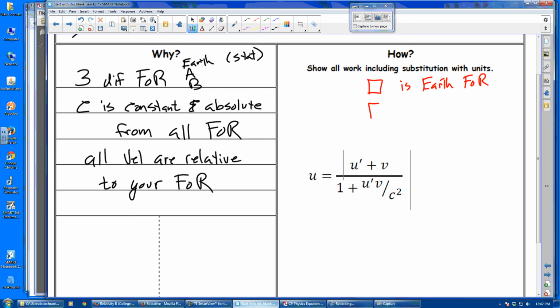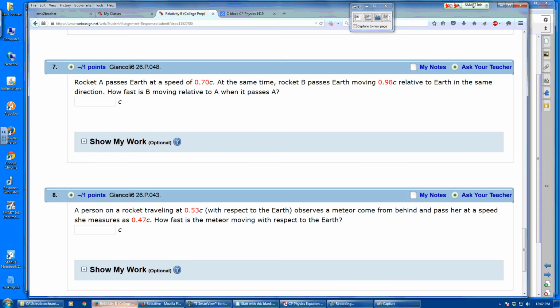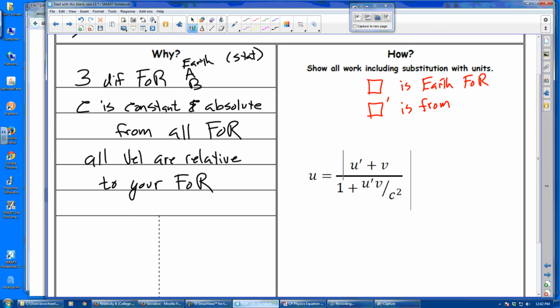They want us to measure the speed of B relative to A, so anything with a tick mark is from A's frame of reference. In our equation, you'll notice we have U and U prime. That prime is the tick mark I'm talking about.